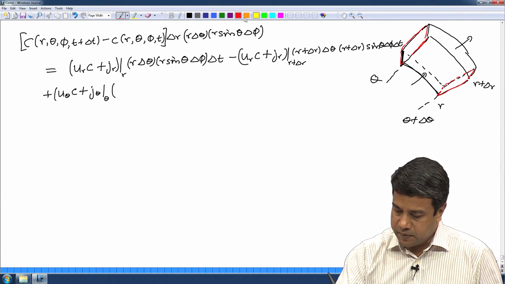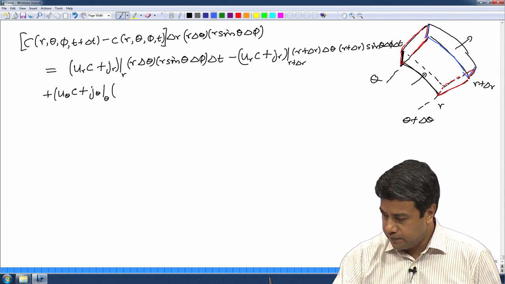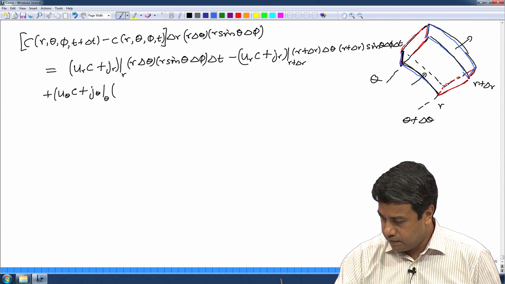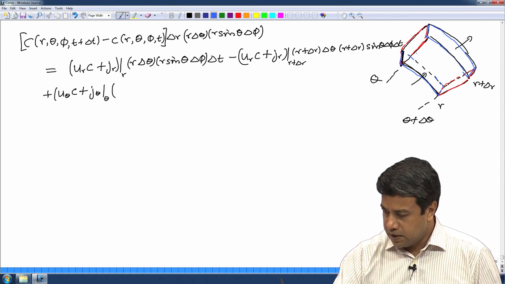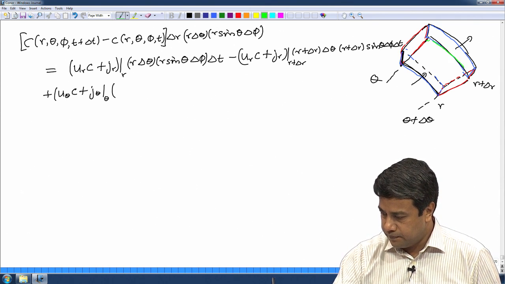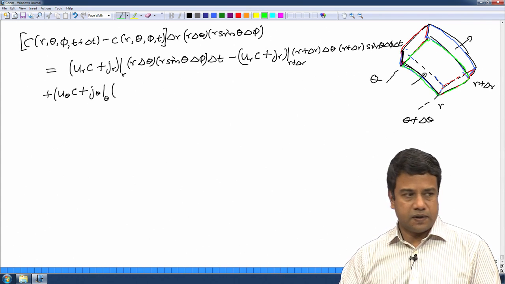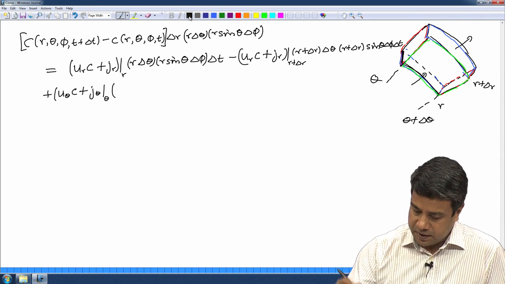The surfaces that were perpendicular to the r direction were these two, and the phi direction were the front and the rear faces.